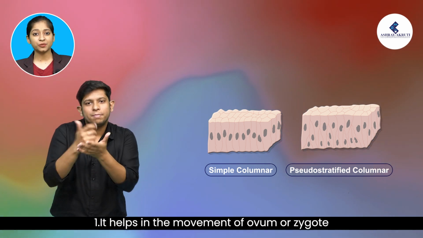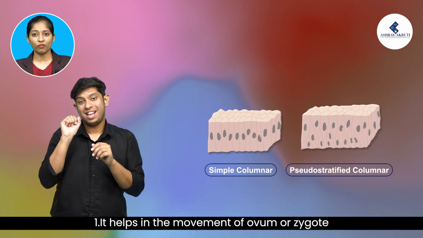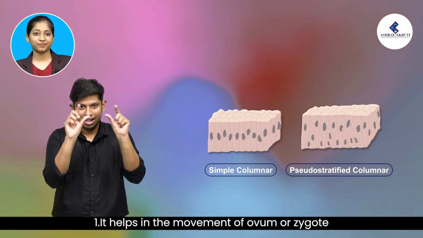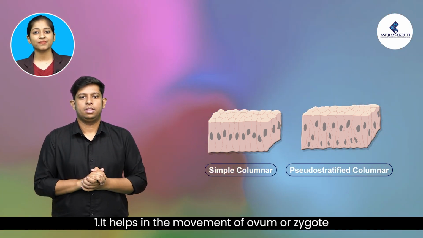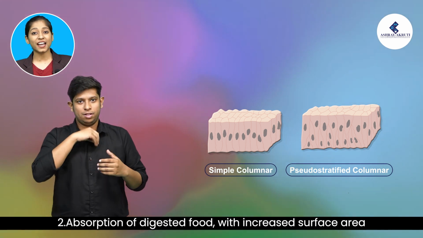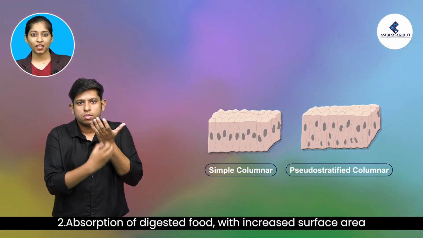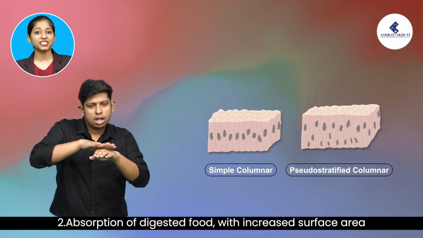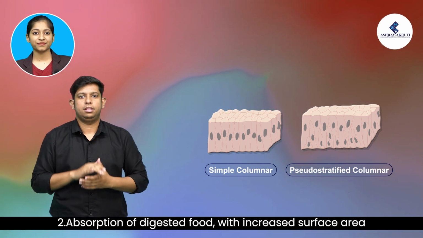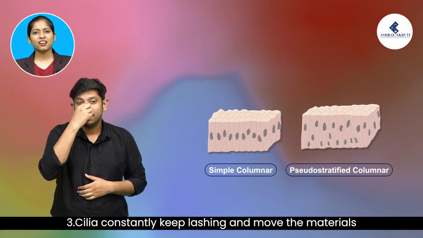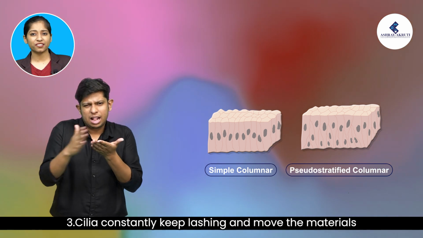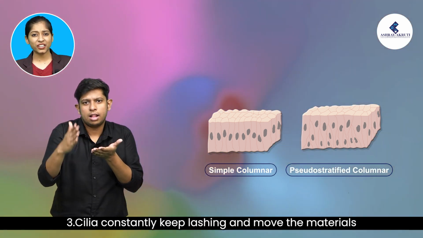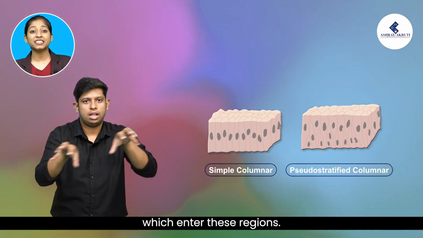Function: it helps in movement of ovum or zygote. Absorption of digested food with increased surface area. Cilia constantly keep lashing and move the materials which enter these regions.